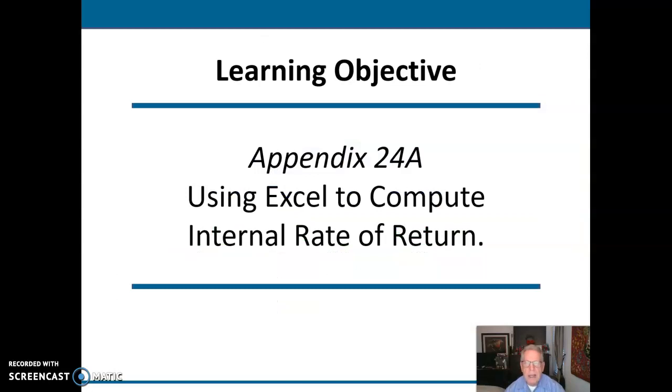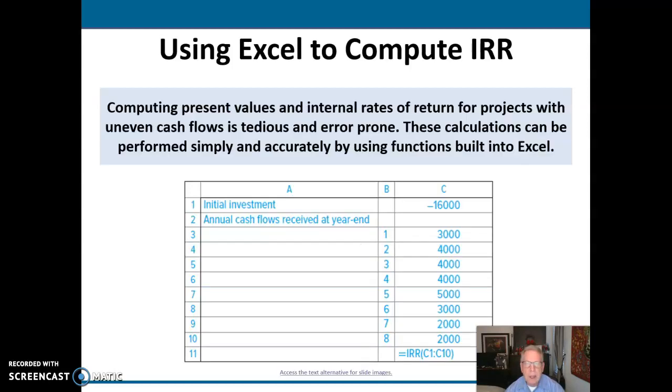All right, using Excel to compute internal rate of return. Now, I do it a little bit differently, as you will see, but Excel does have functions that make these calculations pretty easy. Now, here is our initial investment of $16,000, and then here's our annual cash ends.